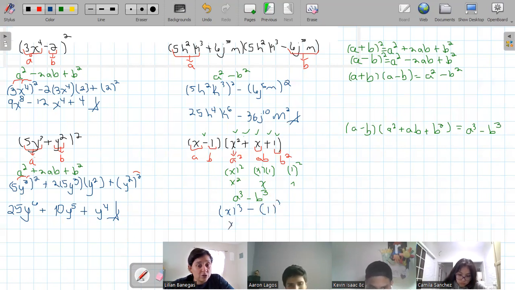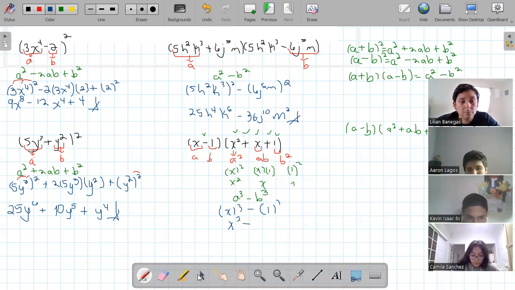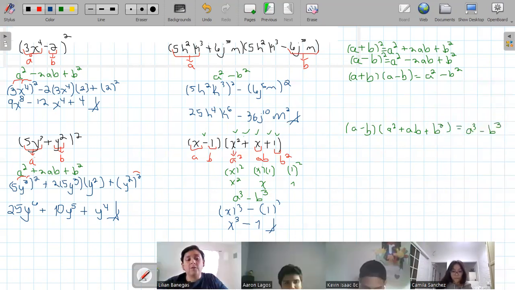X to the cube is X cubed, minus how much is 1 to the cube? 1, because 1 multiplied 3 times, 1 times 1 times 1, is 1. And that is a difference of cubes. Okay, that's a difference of cubes.